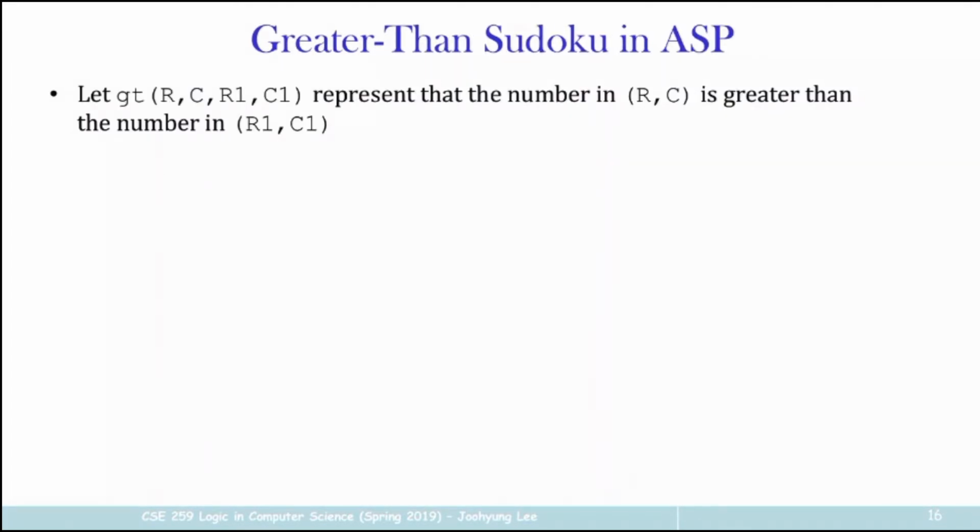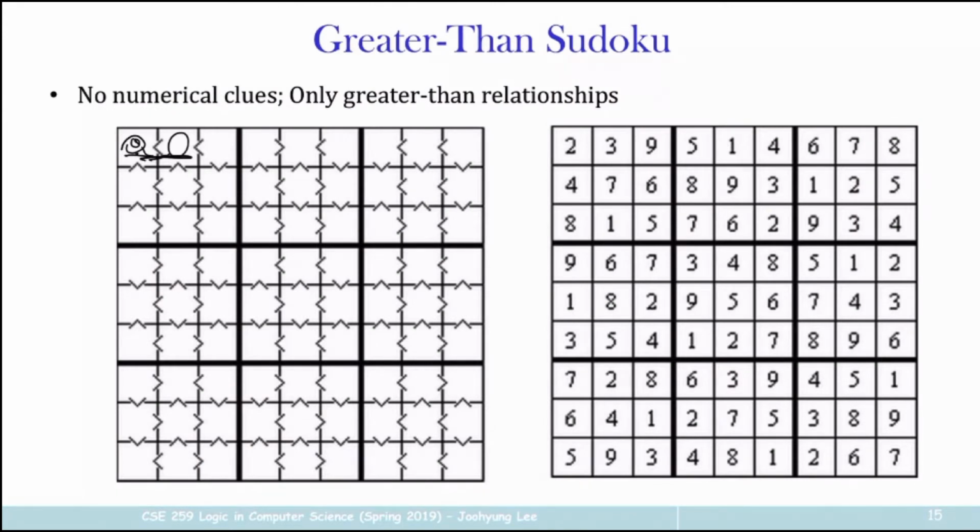So in order to do that, we need to introduce a new predicate saying greater than. So greater than means the number that we put in the R, C position should be greater than the number in R1, C1. Okay? So that is something that you have to give as an instance. So for instance, here, we can say GT of (1, 2) is bigger than (1, 1).